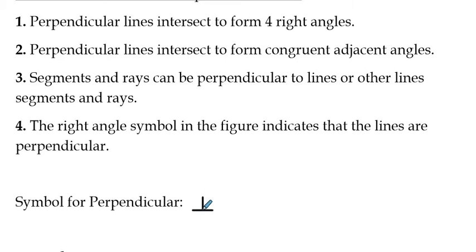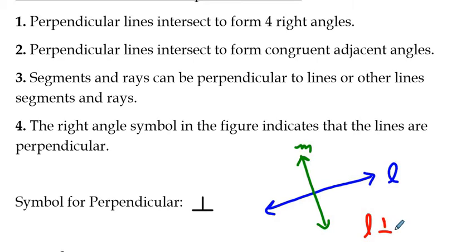Alright, that tells us that if we have, say, line L and line M, and the direction said L is perpendicular to M, then we could assume that that's the case, that they form right angles.